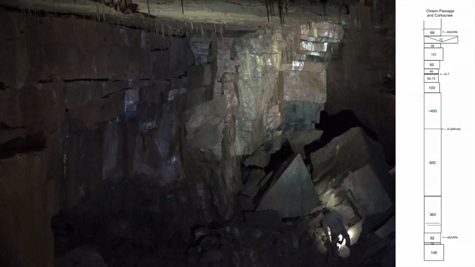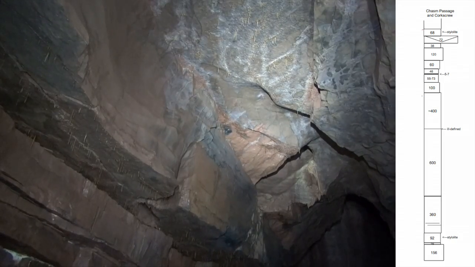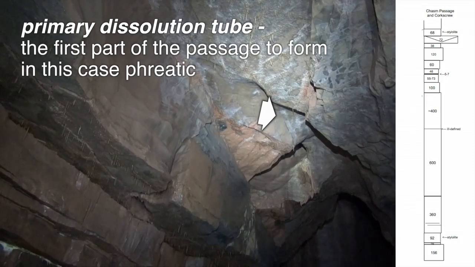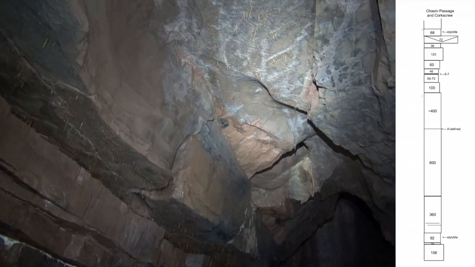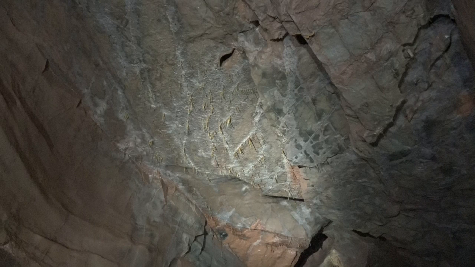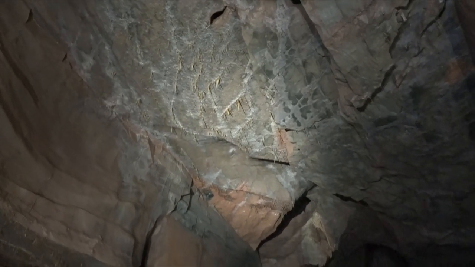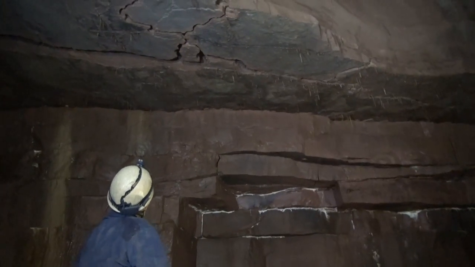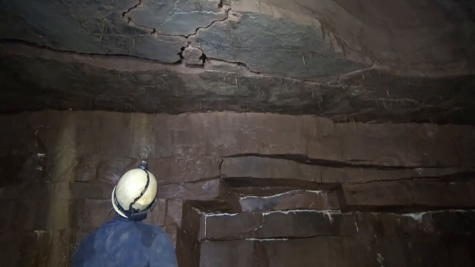This roof shows several interesting features. The primary dissolution tube is in the roof, and obviously there has been collapse up to a flat surface again, but with remnants of the phreatic roof meander still in existence. As the passage increases in size, so we get further collapse with another fairly stable roof.